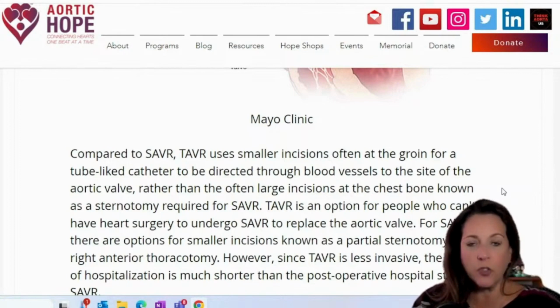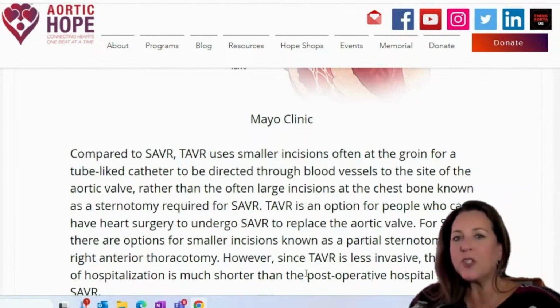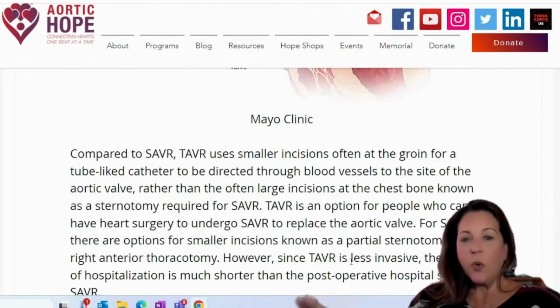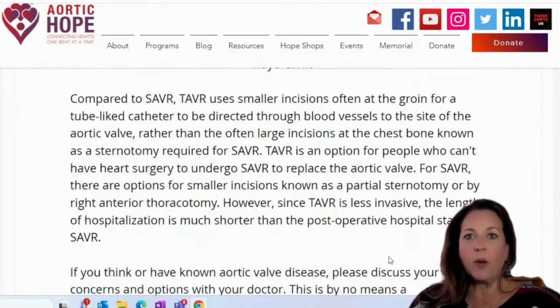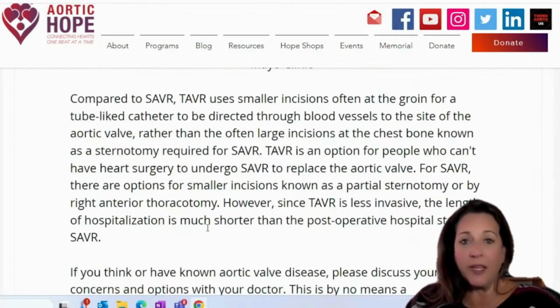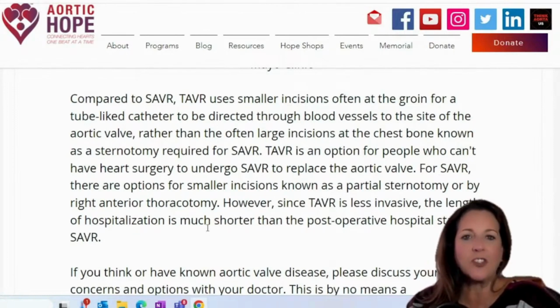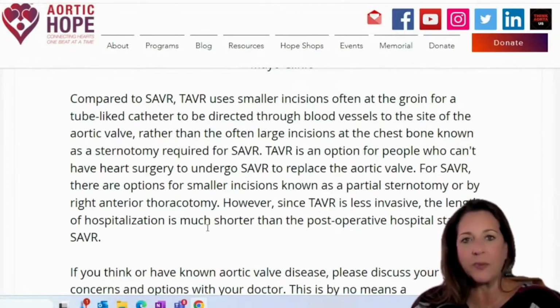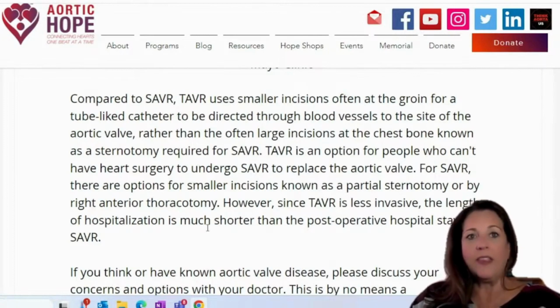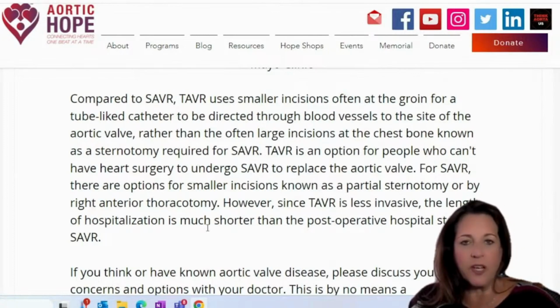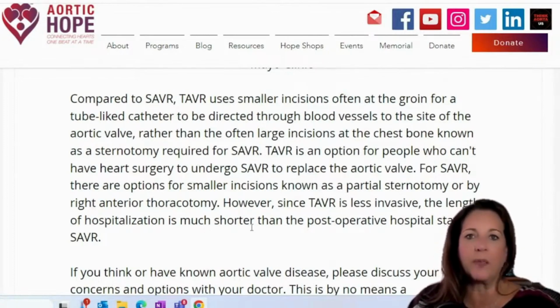For a surgical replacement, there are options for smaller incisions known as a partial sternotomy or a right anterior thoracotomy. Such big words. I can't believe I'm saying them right. However, since a TAVR is less invasive, the length of hospital stay is much shorter than the post-operative hospital stay you would have with a surgical aortic valve replacement.